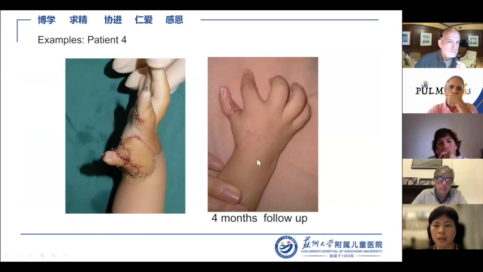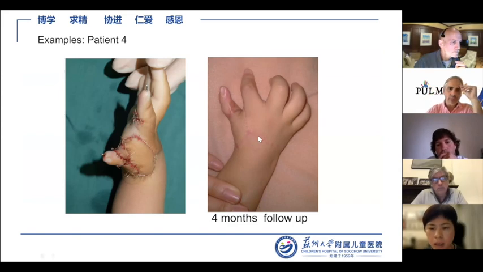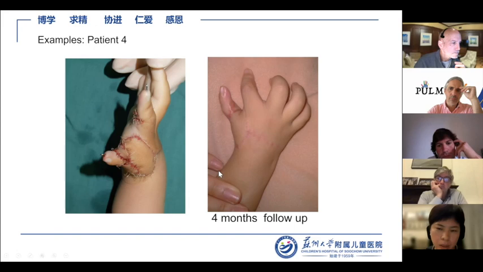After surgery, the right picture shows the 4 months follow-up. We can see his dorsal wrist scar is okay, and the first web is enough for reconstruction of the thumb function.